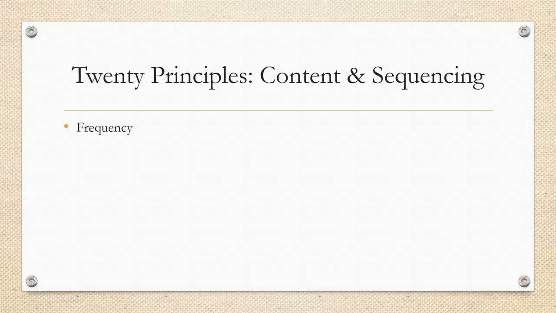So let's start with frequency. The basic idea of frequency is that a language course should provide the best possible coverage of language in use through the inclusion of terms that occur frequently in the language so that learners get the best return for their learning effort. So the basic idea here is there are a small number of high frequency items that give students a lot of access to things that they read or hear.